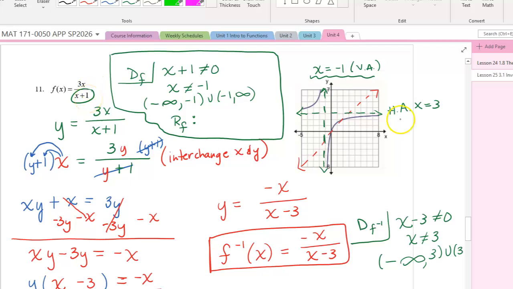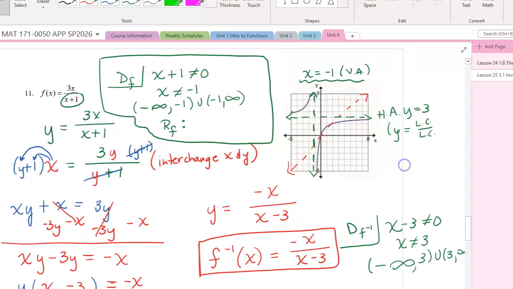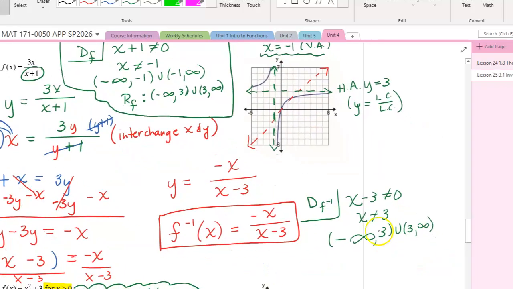So the horizontal asymptote is y equals leading coefficient over leading coefficient. And in this case, that would be 3 over 1 or 3. So the range is going to be from negative infinity up to 3, union 3 to infinity. And that was the domain of our inverse.